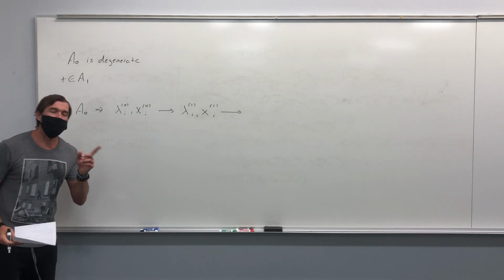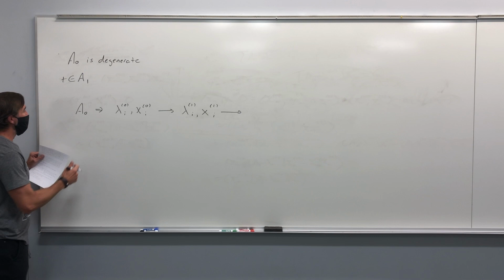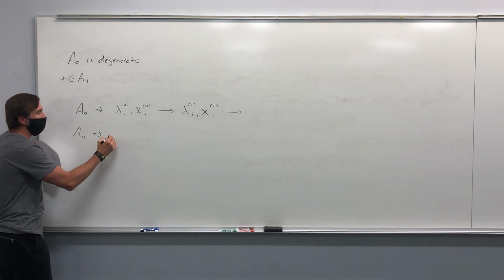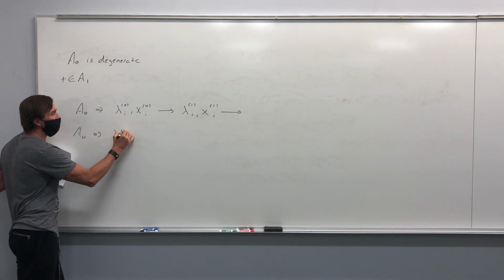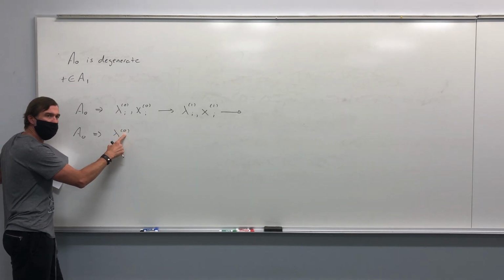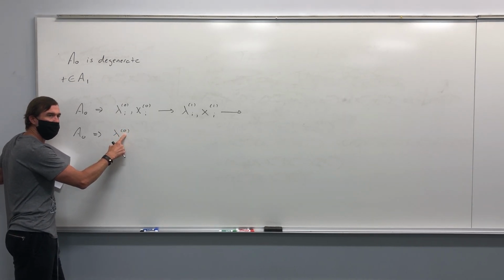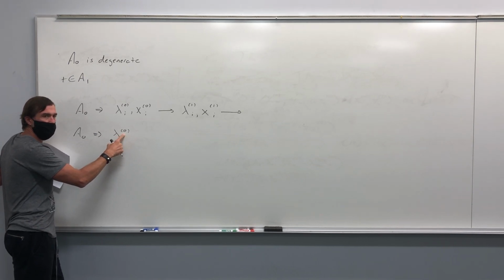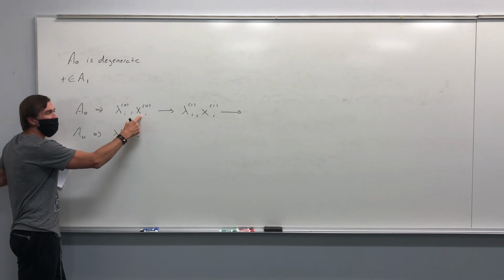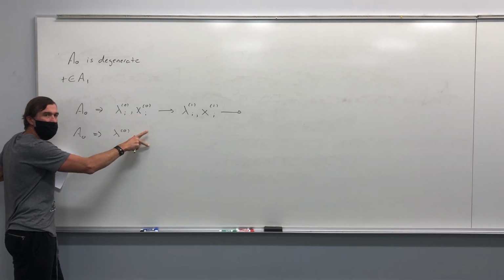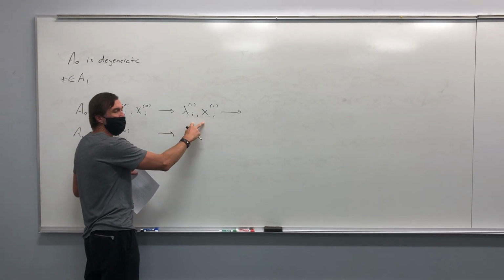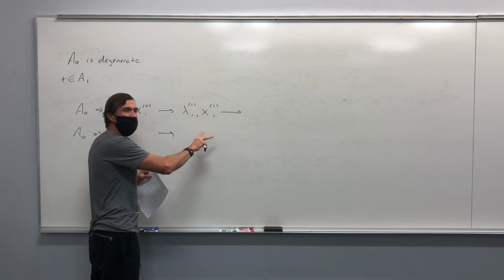Now here's an interesting observation. If A naught is degenerate, then you can solve for the eigenvalues, but it might be that an eigenvalue is repeated, in which case the associated eigenvectors are not unique. However, their corrections might be unique.